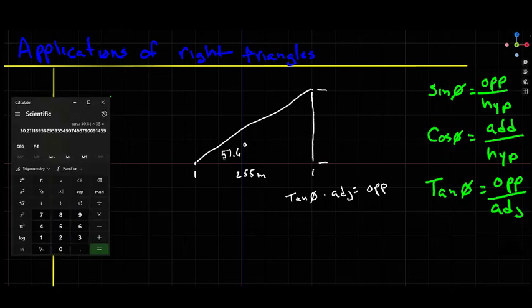So we've got 57.6 degrees is our angle, 57.6. We're going to take the tangent, and we get 1.575. We're going to multiply that times 255 meters.